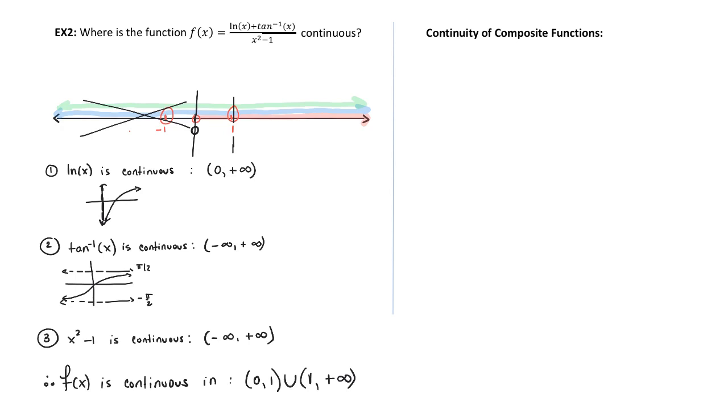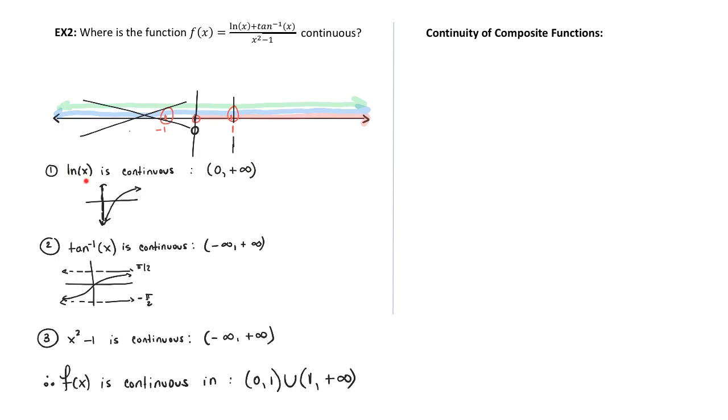Because if I choose an x value, let's say that is here, imagine that I pick x equals -2, tangent will be happy with -2. So if I plug in a -2 here, I'm going to get a y value. Great. x squared minus 1, super happy with -2. If I plug in -2, I have a beautiful y value.